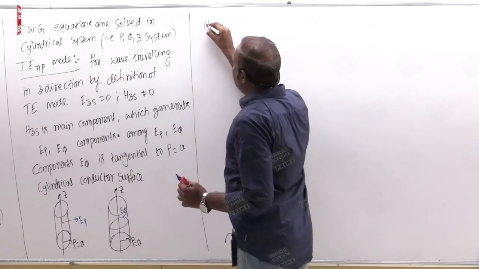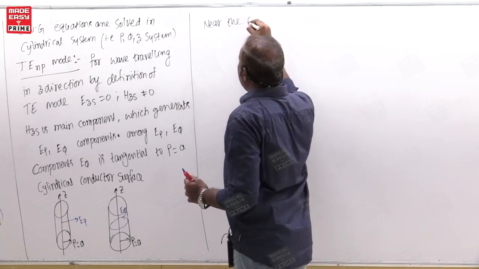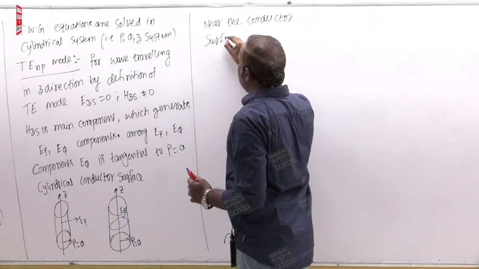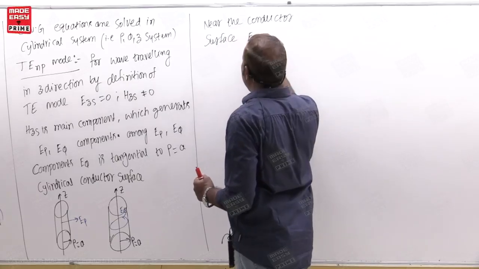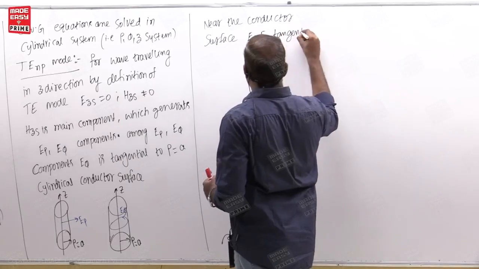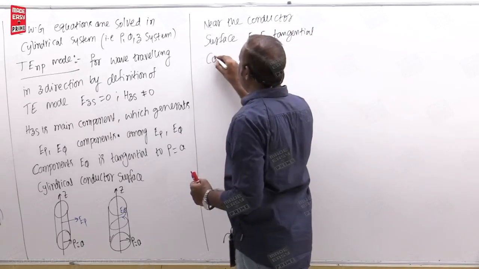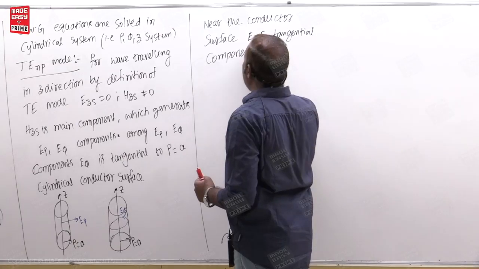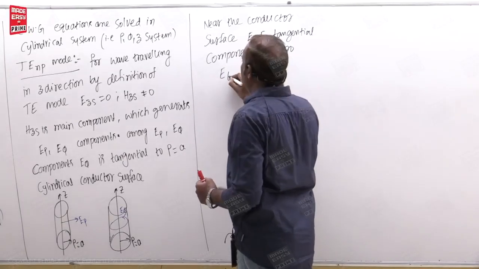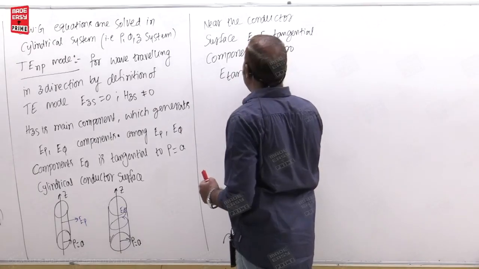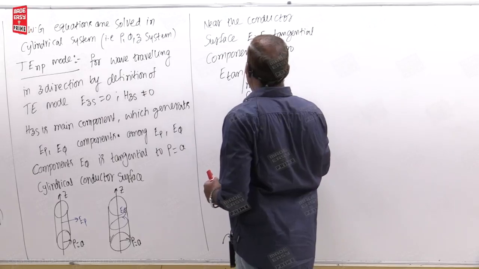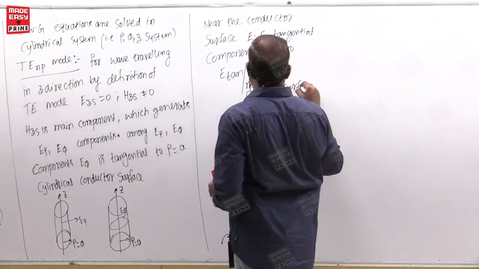So near the conductor surface, the electric field tangential component is 0. That is, E tangential is equal to 0 near a conductor surface.